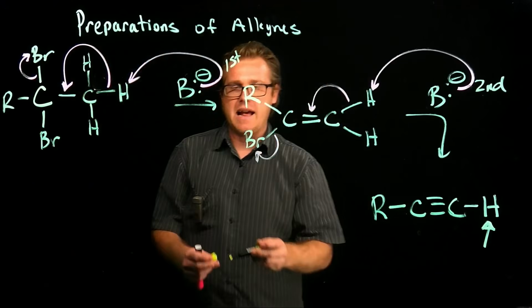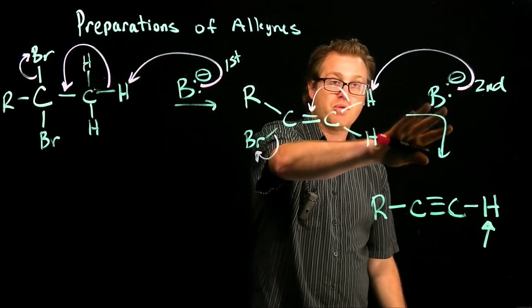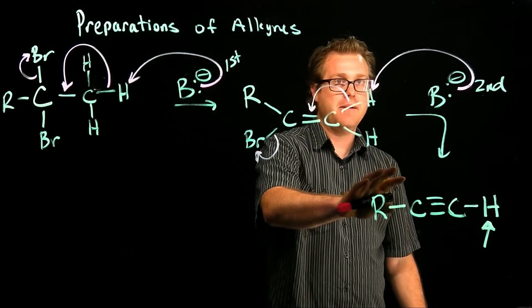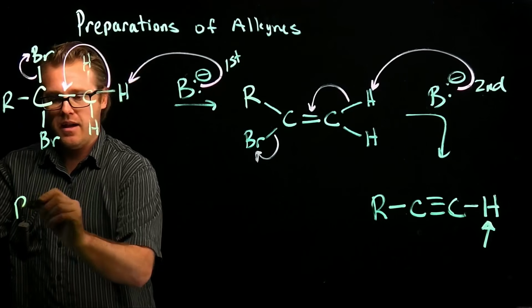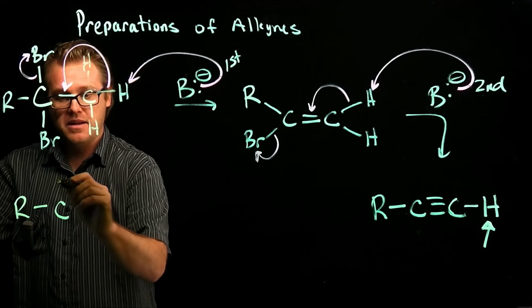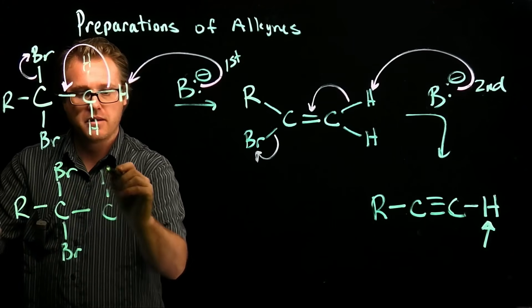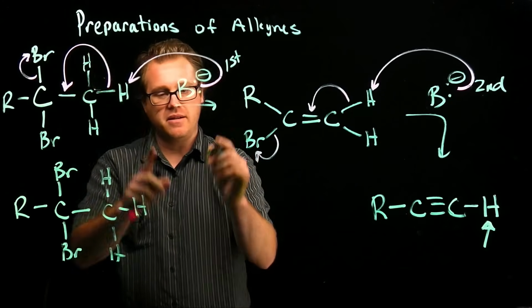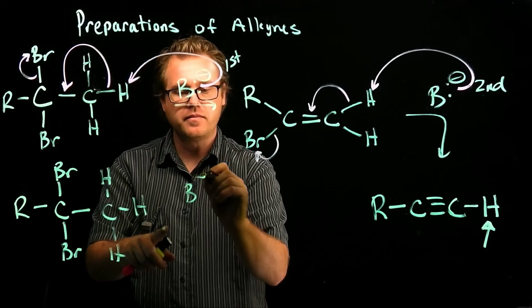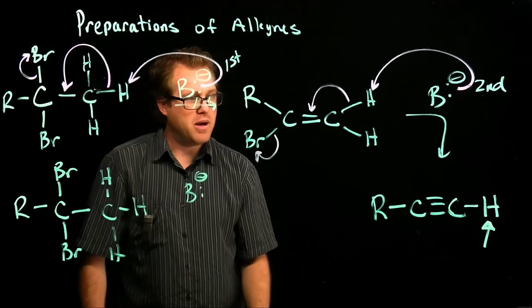So let's just look at it in rounds. So this reaction is round 1, right? So now let's do round 2. So we're going to have a second dialkyl halide. Okay, so this is round 2. We still have our base present.